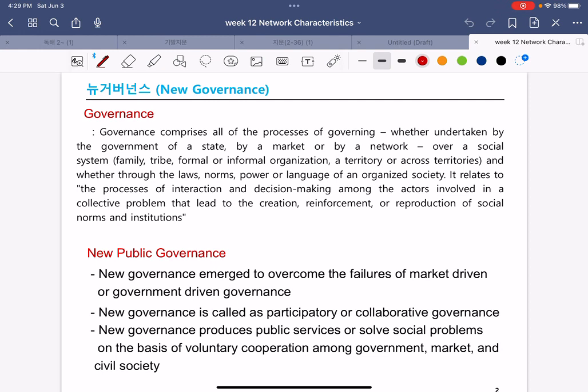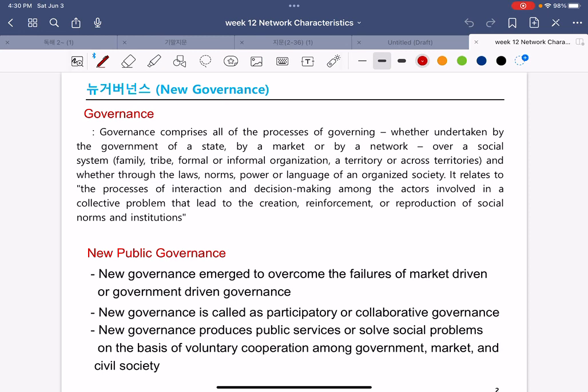If we define the governance like this, what is the new public governance? New public governance means just new way, new process of interacting and decision making to produce the public services. In the new public governance, a variety of actors participate, and then the different actors cooperate with each other to produce public services.